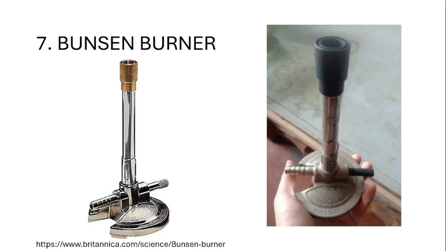Then next we have the Bunsen burner. Our Bunsen burner is the laboratory apparatus which is used for heating. Burners are really shiny when new, but when the burner is frequently used, it leads to discoloration.